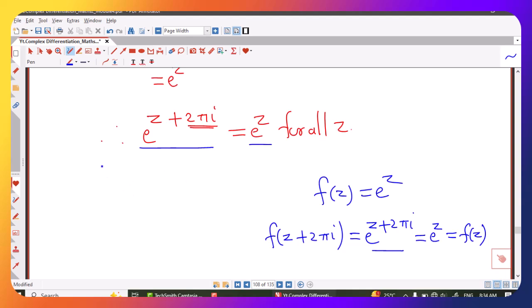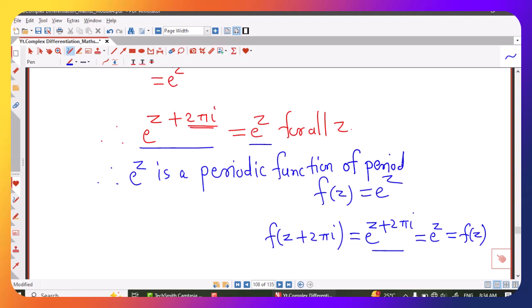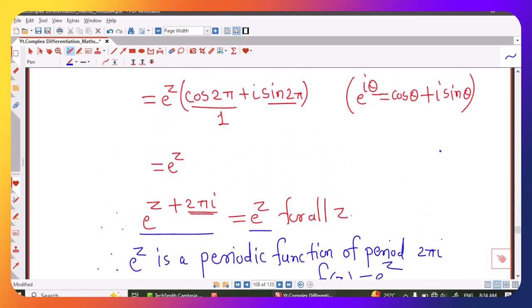So therefore we have shown that e raised to z is a periodic function of period 2 pi I. So this is also an easy property.